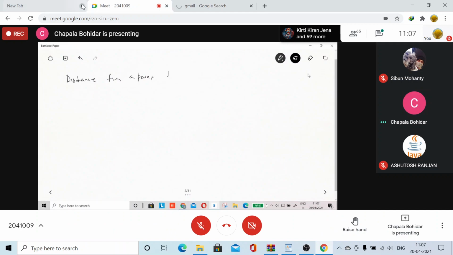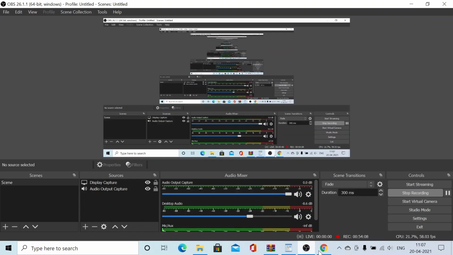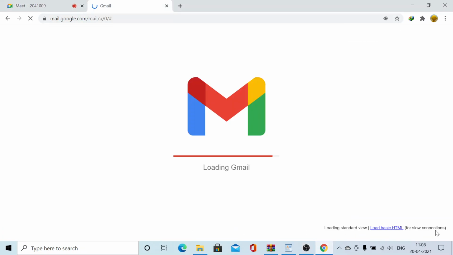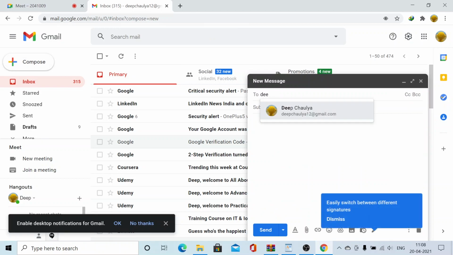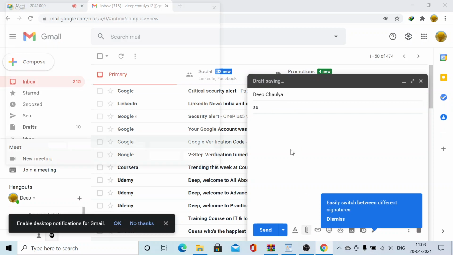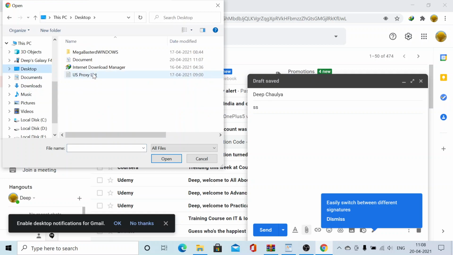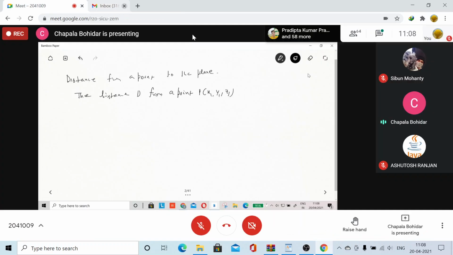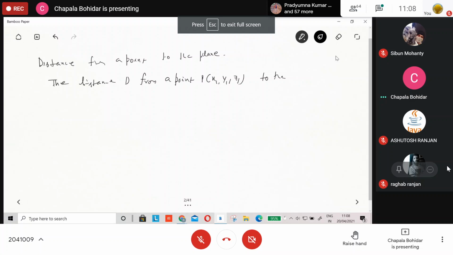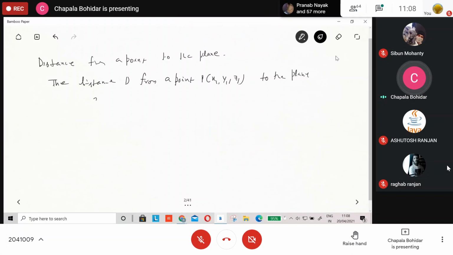The distance d from a point P(x1, y1, z1) to the plane ax plus by plus cz plus d is equal to 0.